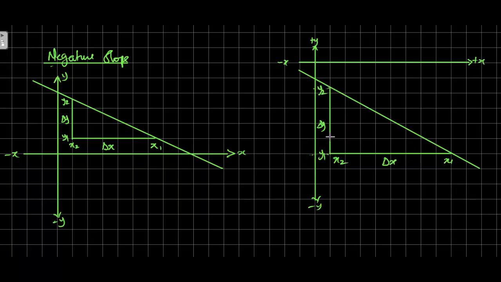Of course, it will be traced to negative. X2, you trace it to x, x1, trace it back to x. So this change in y over change in x will be less than 0, which is negative.